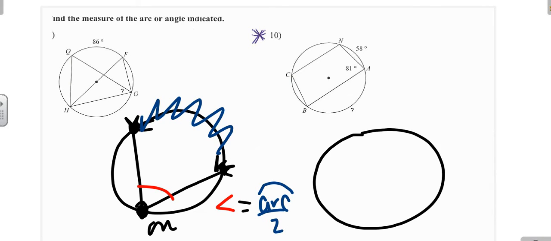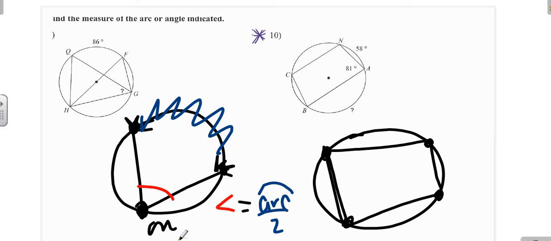Another truth, if you have an inscribed quad of any kind, inscribed, where all four corners are on the circle, opposite angles add up to 180. That's two truths when you're dealing with inscribed angles and inscribed quads.